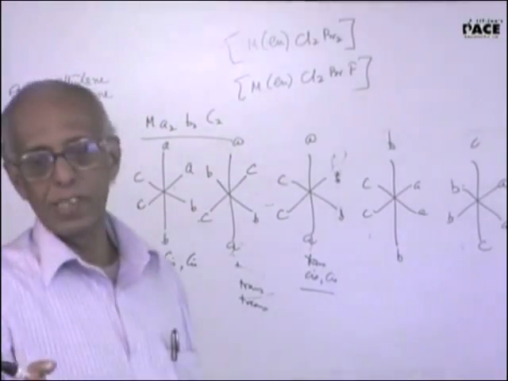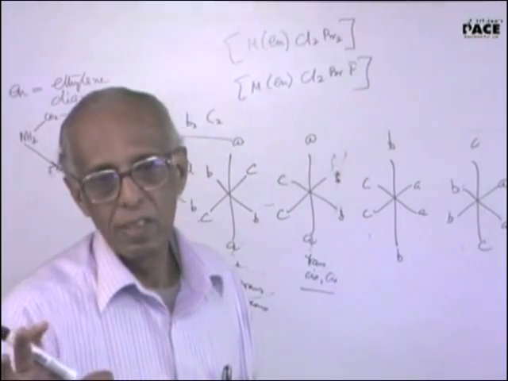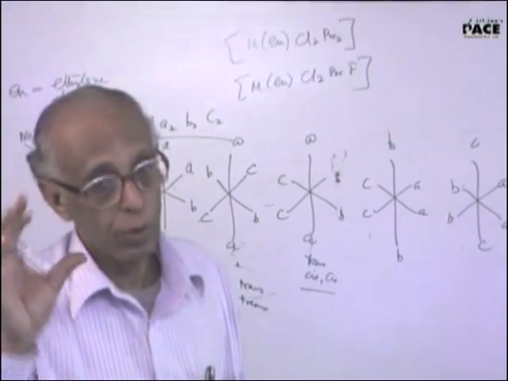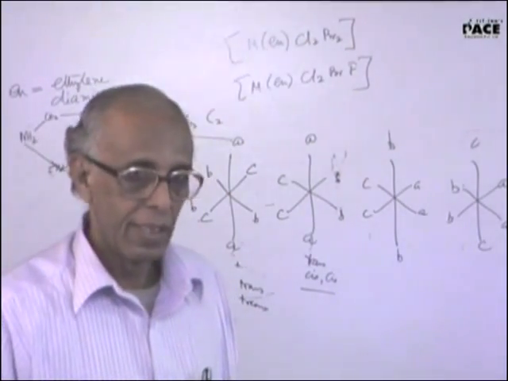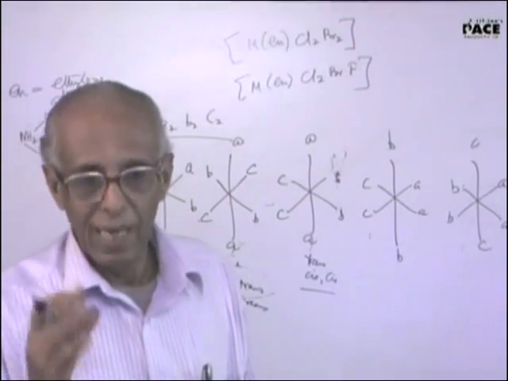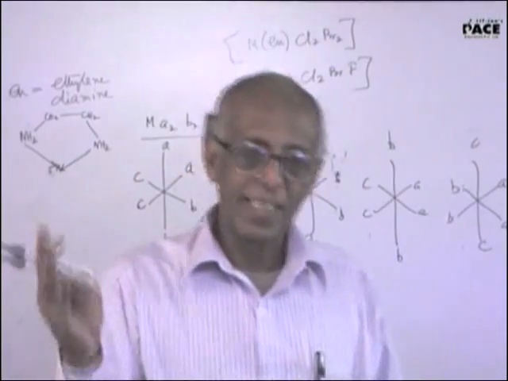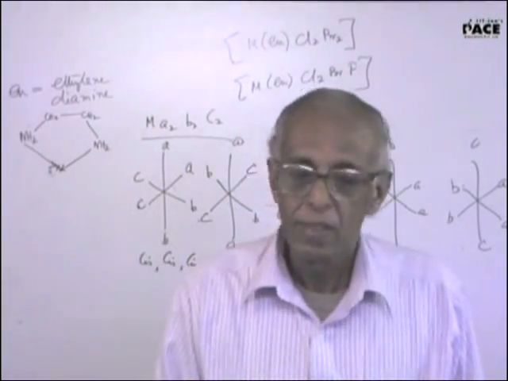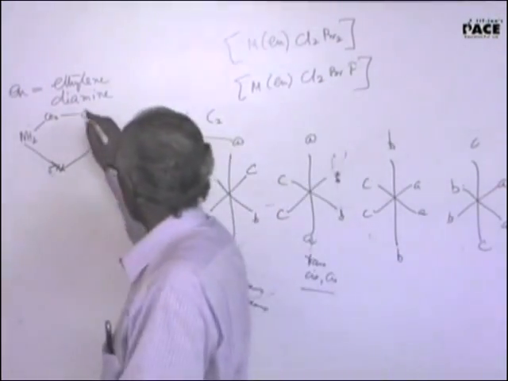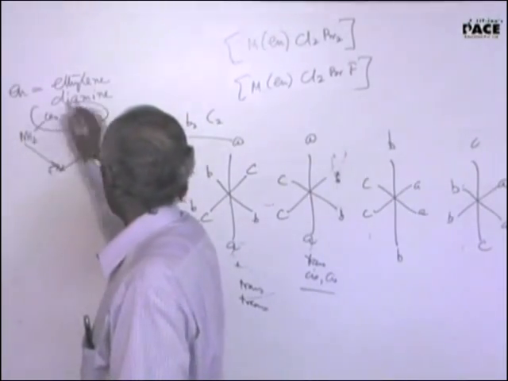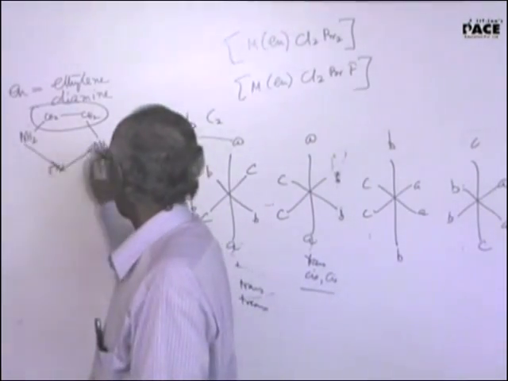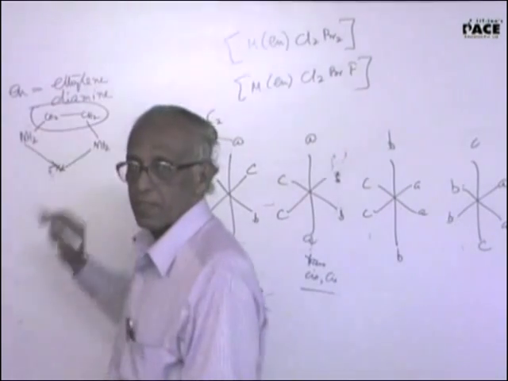Any ligand which has more than one donor atom that forms coordinate bonds simultaneously is called a multidentate ligand: bidentate, tridentate, tetradentate. So ethylenediamine, this is your ethylene, and there are 2 amines, so it is called ethylenediamine.